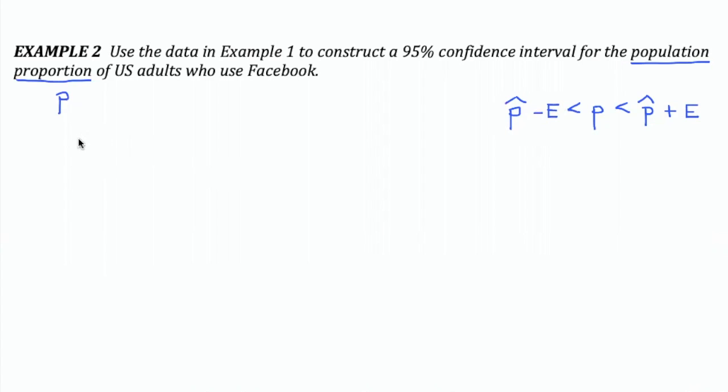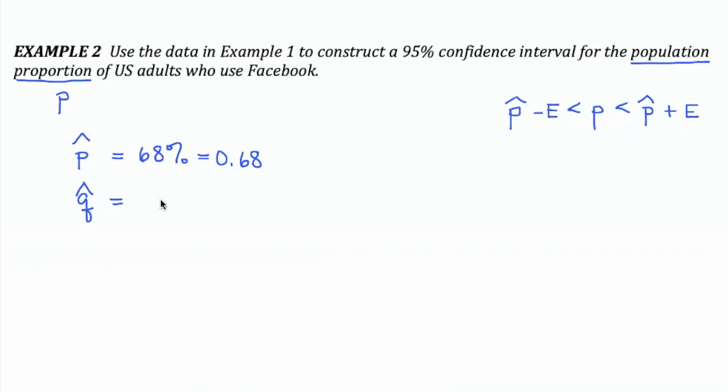So previously we showed that P hat has a value of 68%, and we always use that value as a decimal, so that's 0.68. I'm also going to need the point estimate for the population proportion of failure.